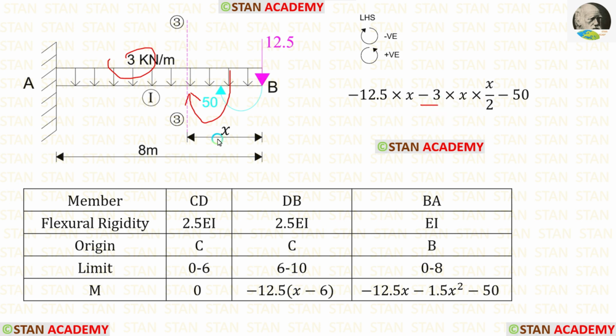For the UDL, we have to multiply with the distance and distance by 2. Here the distance is x, so minus 3 into x by 2. The moment is acting in the clockwise direction, so it is also negative. x into x, we will get x square. 3 upon 2, we will get 1.5.